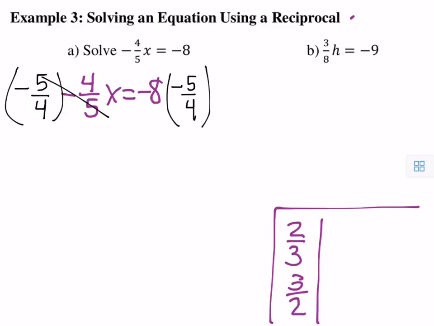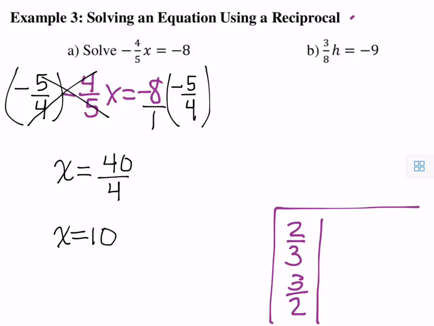So our 5's cancel, our 4's cancel, and we're left with just an x equals, what is negative 8 times negative 5? Positive 40 over 1 times 4 is 4. So x equals 10. That's one approach if you like doing the reciprocal.